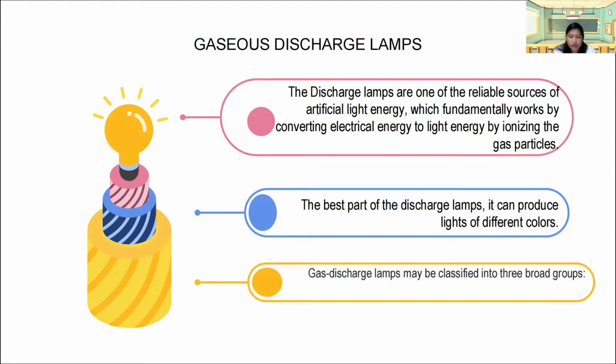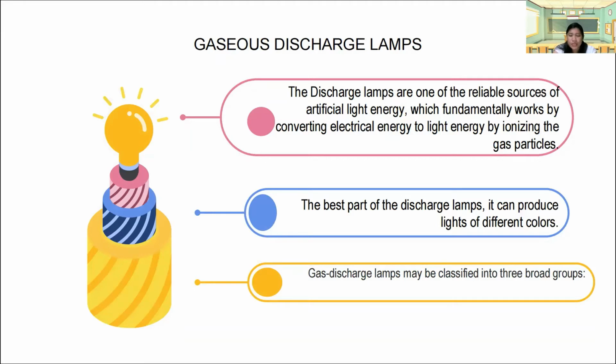The best part of a discharge lamp is that it can produce lights of different colors due to its working principle. It's cheap, long-lasting, and can be used for a number of applications. These discharge lamps were even used in aircraft vehicles, but due to the advent of technology, they have been replaced with CFL bulbs and LEDs.